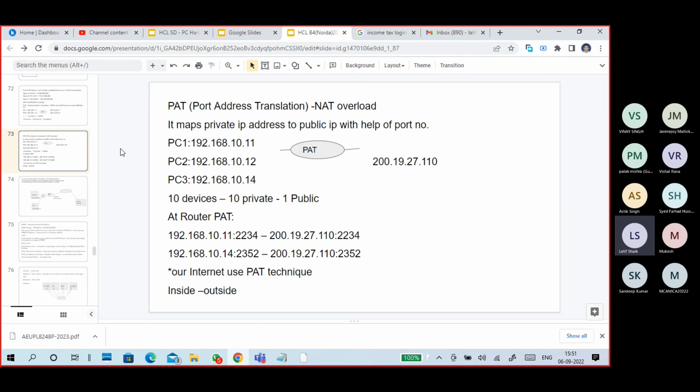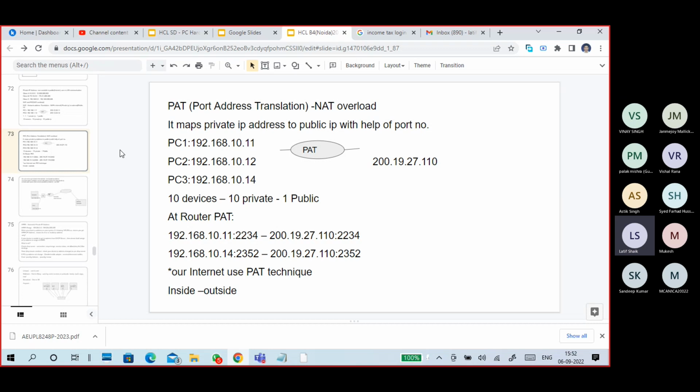If you are at home and just want to access outside of the network, but you don't want to be accessed, meaning the server can be accessed internally only, I don't want anyone to be able to access my server. So we use a port technique, port address translation.